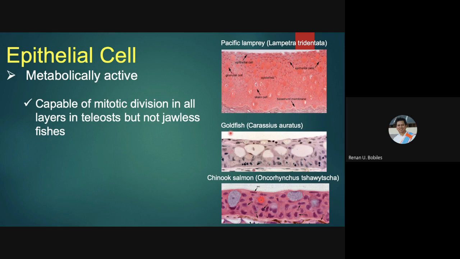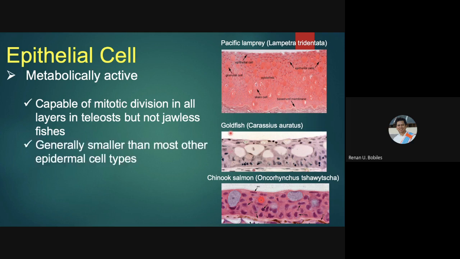In all layers. Okay? Capable of mitotic division. All throughout the life of the fish, it divides. Okay? Generally, it is smaller than most other epidermal cell types.